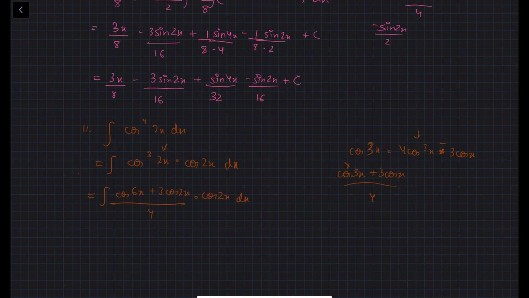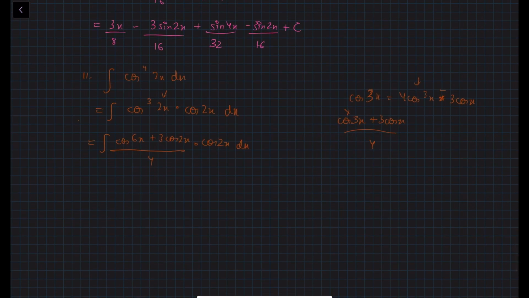Right. And now we're gonna just kick the 1 by 4 outside and multiply this out. So this times that is cosine 6x cosine 2x, and we're gonna split the integral as well. And 3 cosine 2x squared.